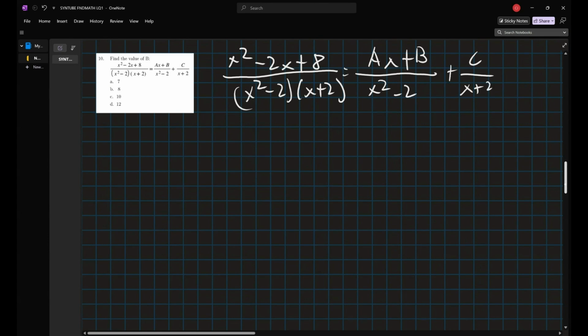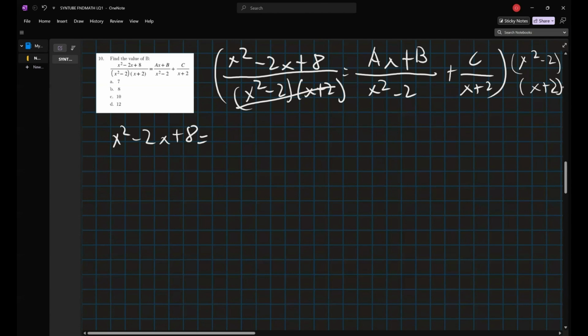There. So basically, we have to multiply both sides by x squared minus 2 and x plus 2. Multiplying these would cancel our denominator, which would leave us with x squared minus 2x plus 8 equal to, if you multiply this with this, that cancels x squared minus 2, which would give us ax plus b multiplied by x plus 2 plus c.